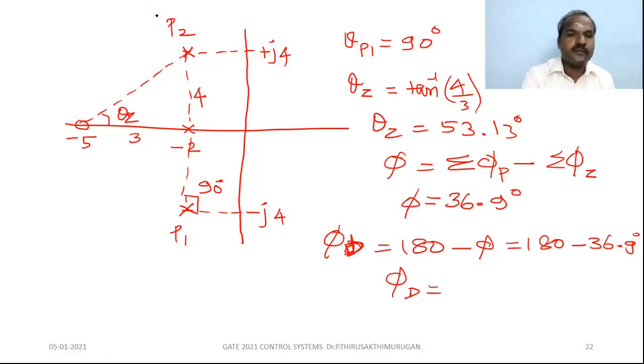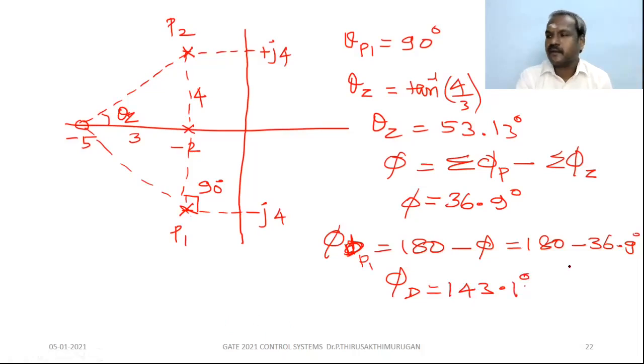Similarly, what is the angle of departure for this other pole? That is the negative version. So the angle of departure with respect to P1 is 143.1 degrees. This is for the pole at -2 plus j4.